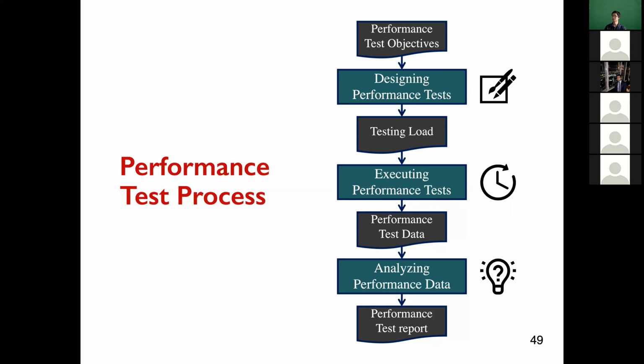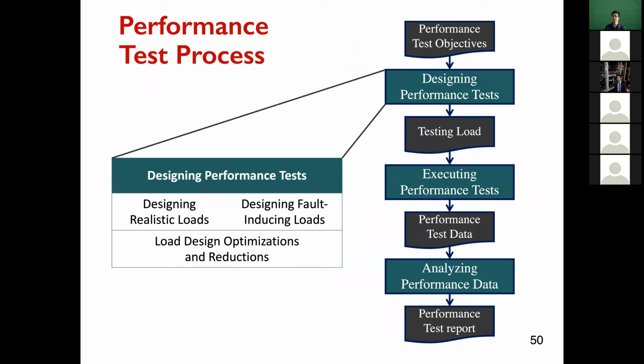First, designing performance tests. Here we will talk about three parts. The first part is to design realistic loads. We want to mimic realistic loads. Second is designing fault-inducing loads. We need to identify performance issues. The third part is to perform load design optimizations and reductions.